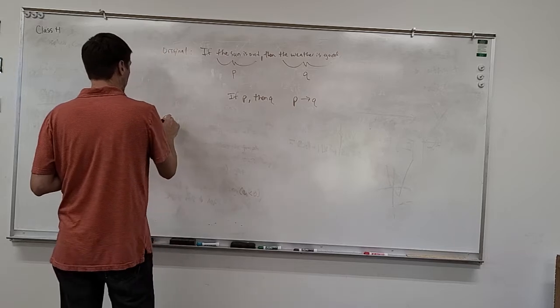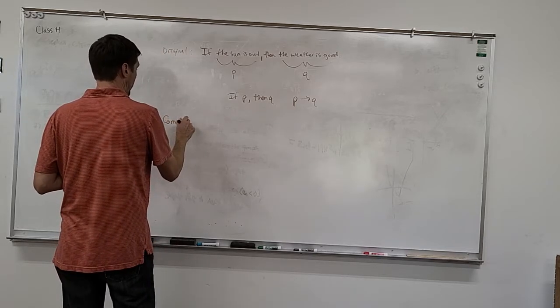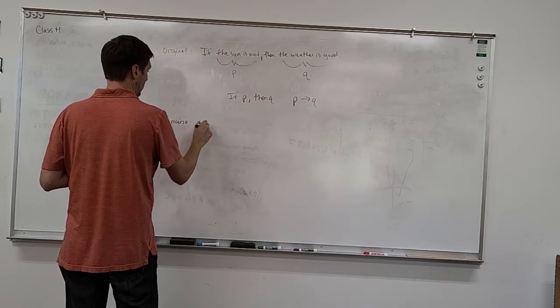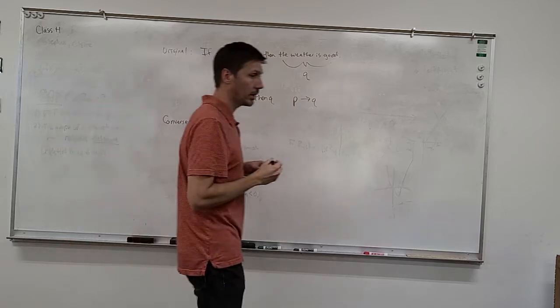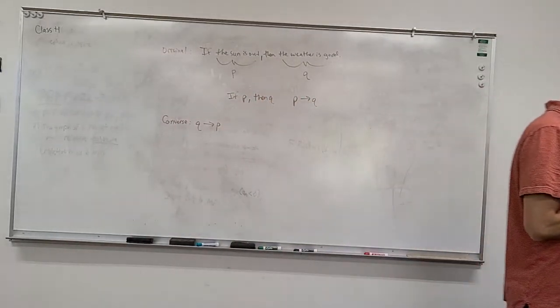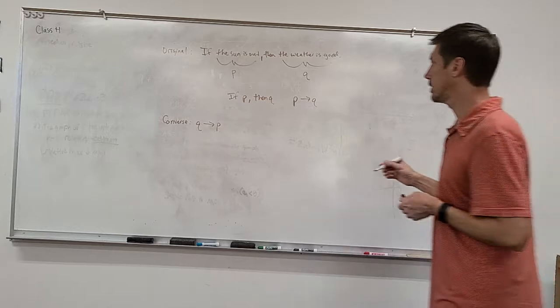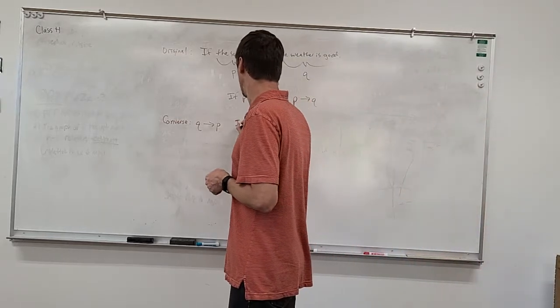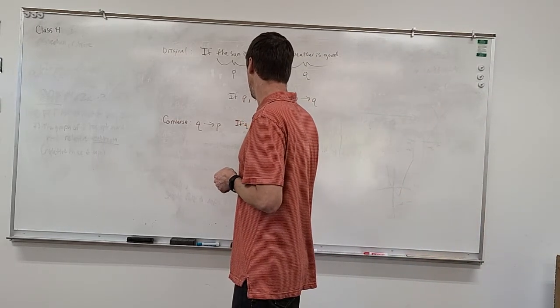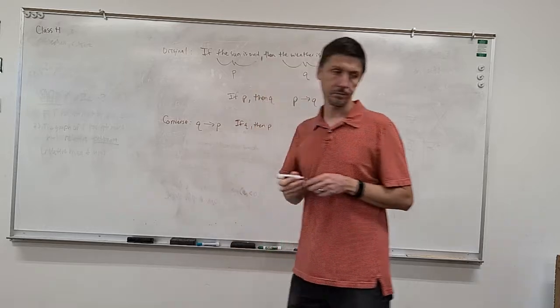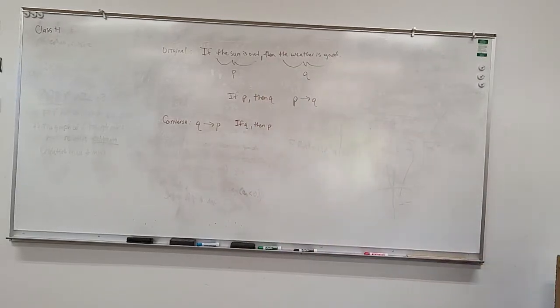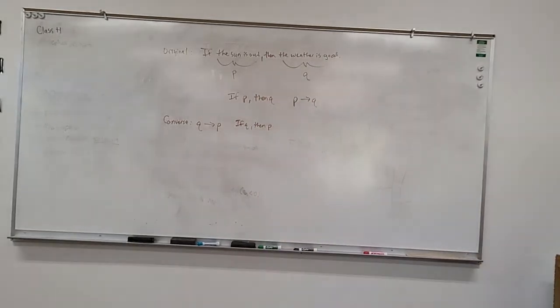Then I could write the converse of that as, if Q, then P. Q arrow P. So it's a little easier to write the converse.